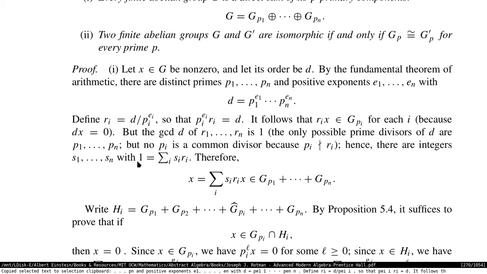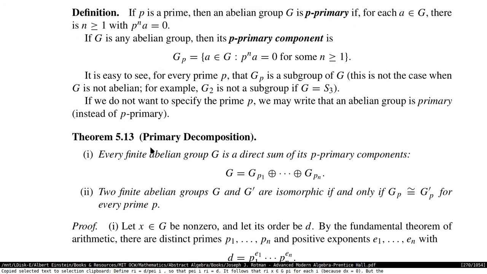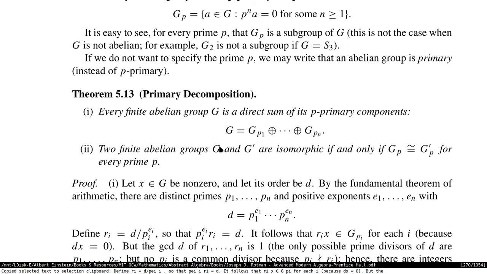Ri times x is going to be this whole thing times x. Now dx is equal to 0, that's because d is the order.